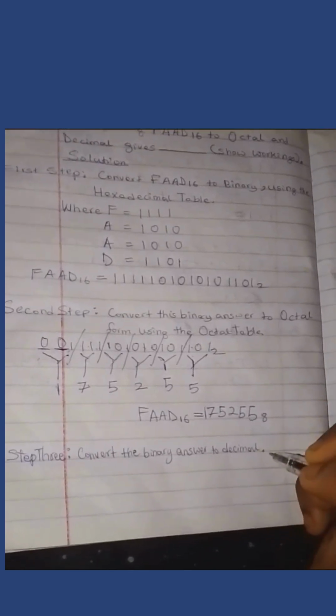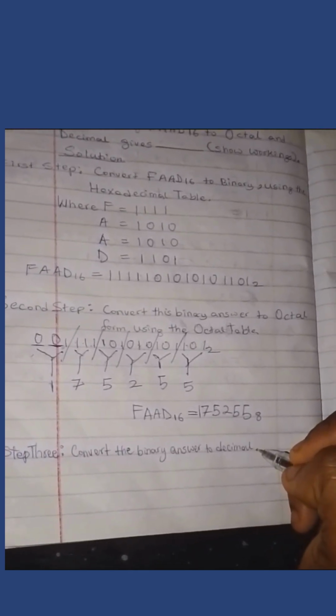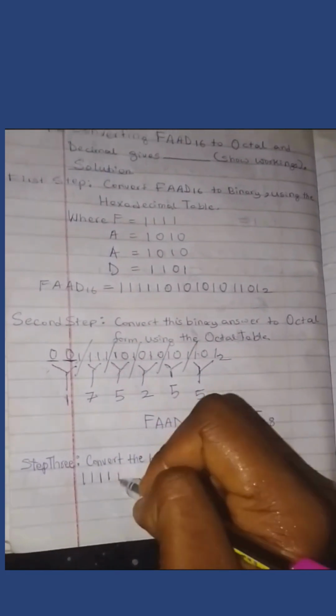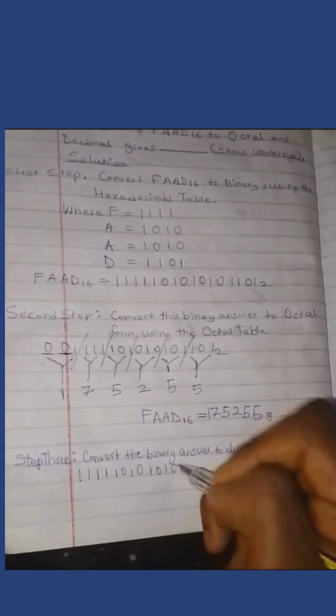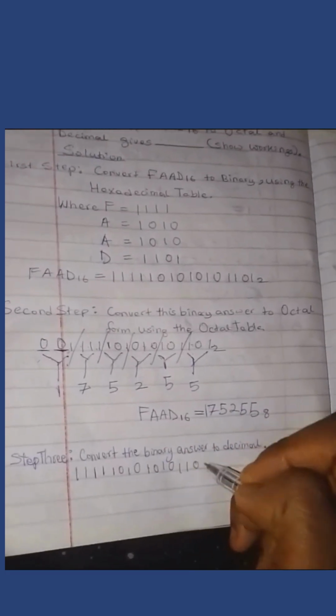Okay. Now this is a long process, but we're gonna get through it. 1 1 1 1 1 0 1 0 1 0 1 0 1 1 0 1, all in base 2.